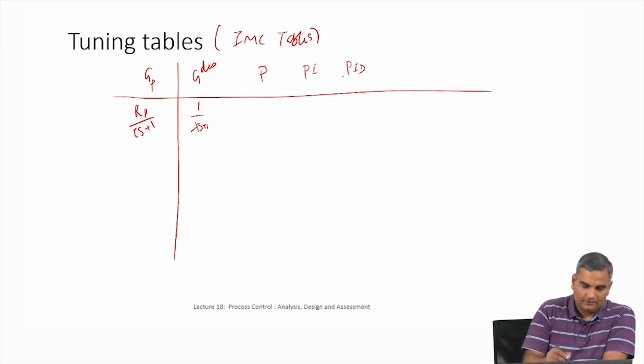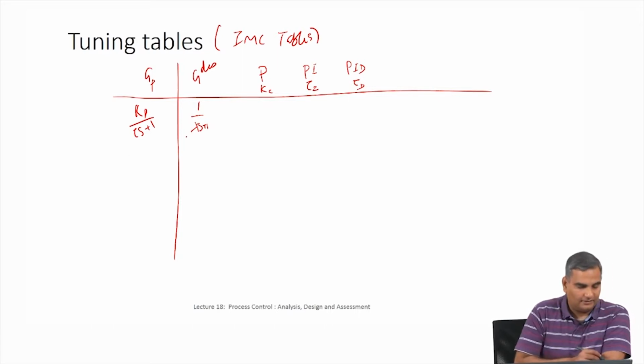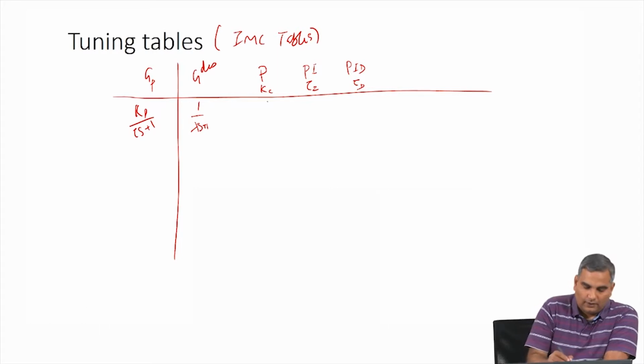So, the controller parameters will be Kc, tau I, and tau D, and in this case the P term is going to be a function of this Kp, tau and lambda. The lambda will also come in because lambda is in the desired transfer function. So, this is going to be tau p by Kp lambda.